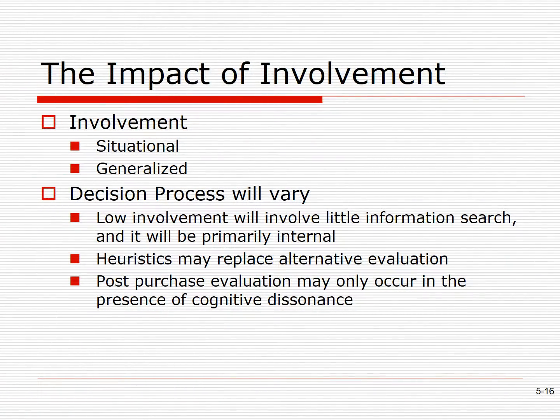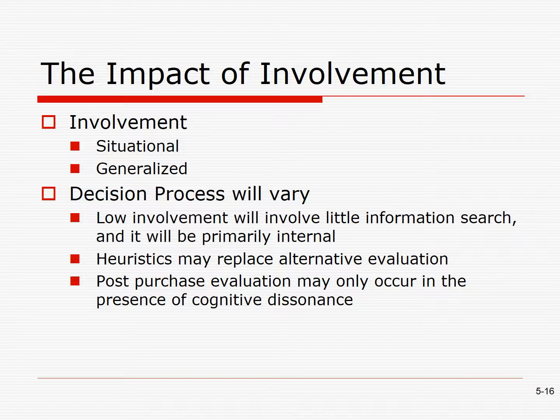Now, as may be obvious, the way that people go through all of these steps of the decision-making process is dependent upon the type of decision that's being made. And the primary variable that we use to describe types of purchase situations is a concept called involvement. Now, involvement essentially is the extent to which individuals are willing to expend resources on a decision.